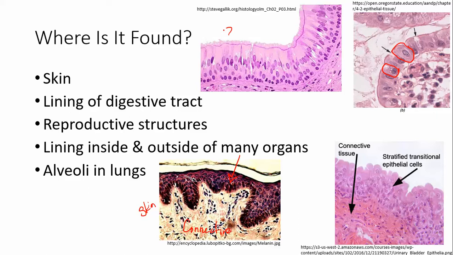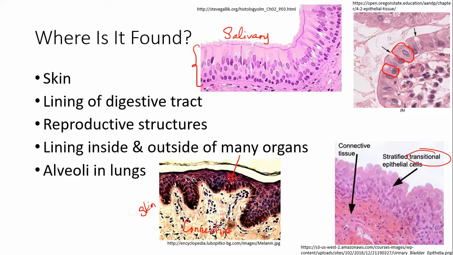This is actually a salivary gland, and you can see this kind of multi-layer bit of epithelial tissue, and its job is to produce saliva. The reproductive structures will also have epithelial tissue lining them, as will this, a very special type of epithelial tissue called transitional epithelial tissue, and its job is to basically surround the urinary bladder, and it can expand and contract with the expansion and contraction of the urinary bladder.